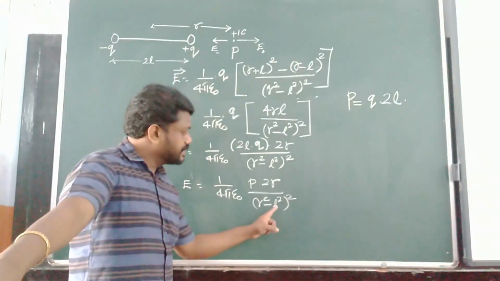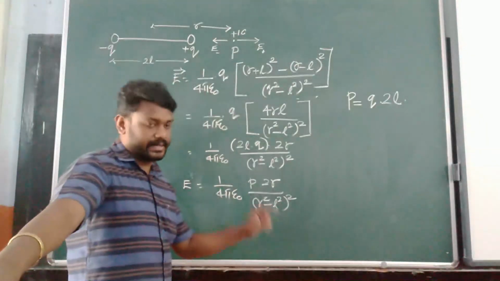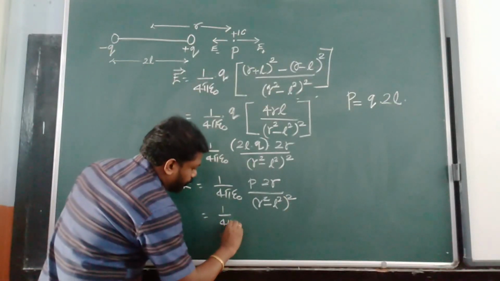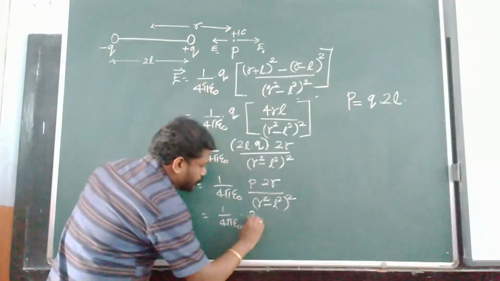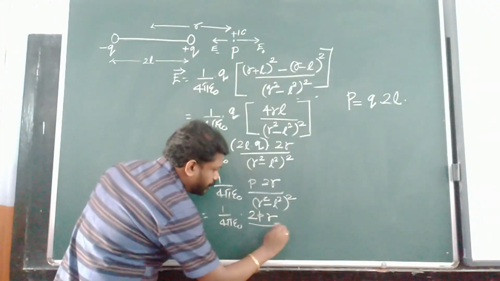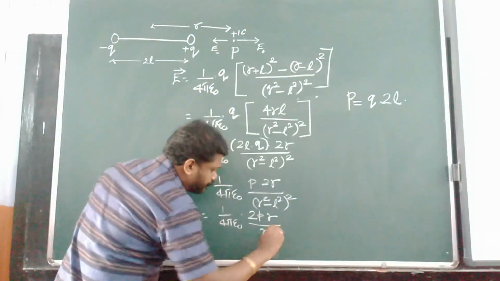From the denominator, this L square can be neglected. So, E should be equal to 1 by 4 pi epsilon 0 P into 2R divided by R to the power 4.